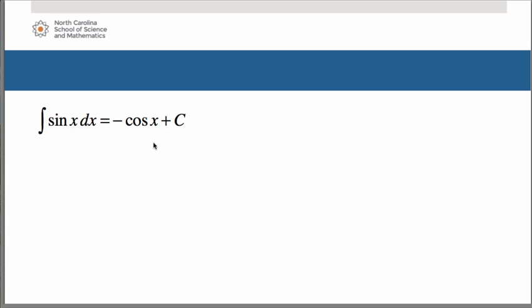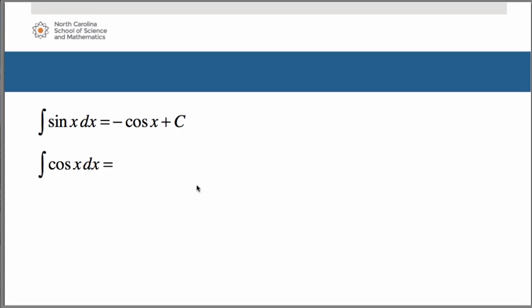Now let's talk about why. Derivative of cosine is negative sine, so you end up with a negative times negative, which becomes positive, and you're left with sine of x. Notice how we still need our constant of integration, because there could have been a constant here, the derivative of which would be 0 and would zero out when you take the derivative of it.